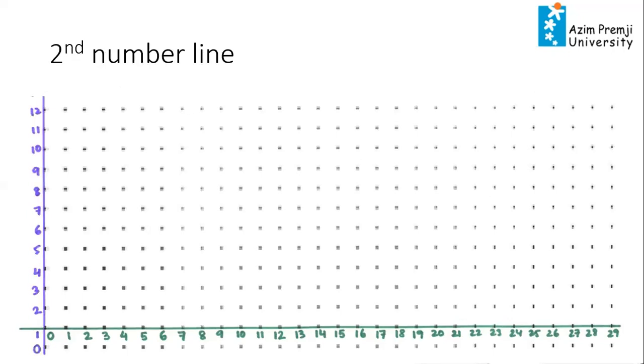And the second number, the vertical one, is the scaling number line. So you know that 1 is the multiplicative identity. So that is why the 1 of the scale factor is coinciding with the 0 of the original number line, which is going to be scaled.